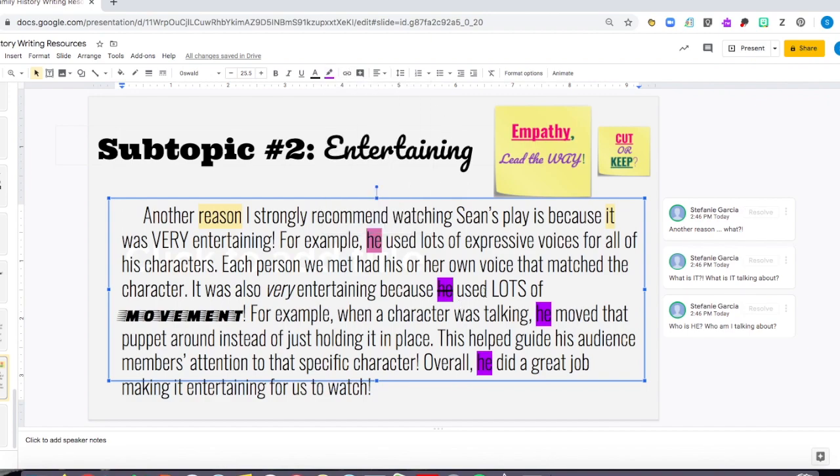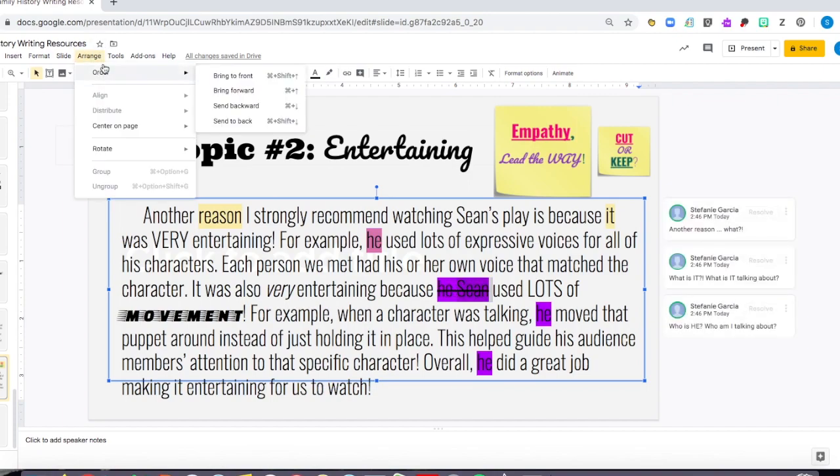If I haven't said my noun's name, the specific name of my noun, in a long time, then I want to replace some of these pronouns. Okay. And I don't want it to be crossed out.